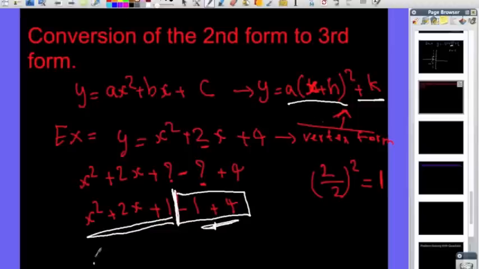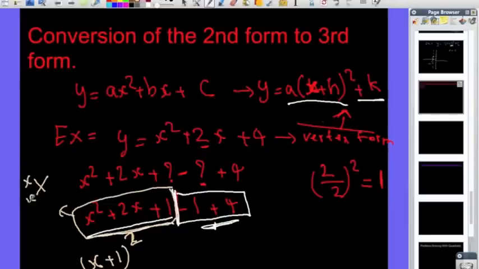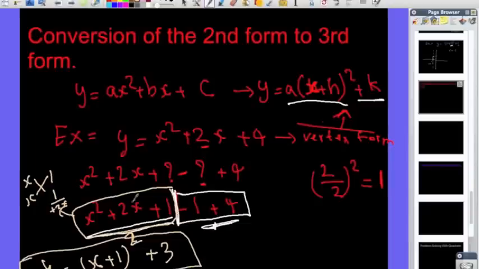So it would be x plus 1 squared, and minus 1 plus 4 gives you plus 3. So basically you're left with this. Is this the vertex form or not? Yes, it is. That's it. It's this easy. Let's do one more example.